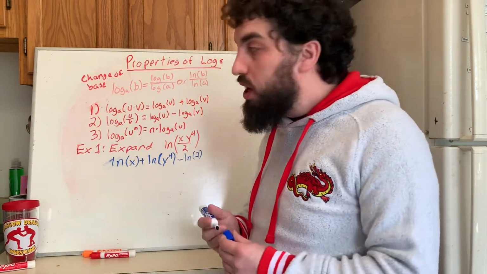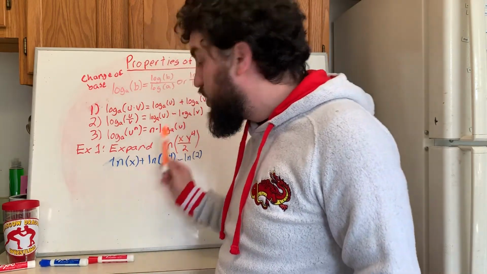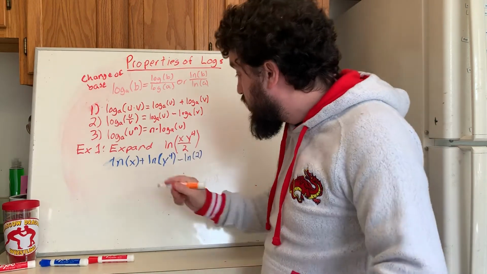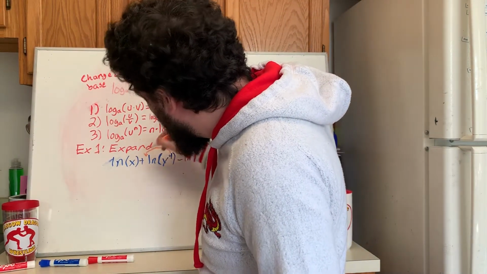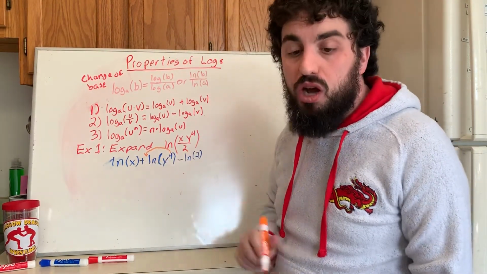Now, we're not completely done because I don't like to have exponents when I'm writing in expanded form. So now I'm going to utilize this. Since this y to the 4th has an exponent of 4, I'm going to bring that out in front as a coefficient.